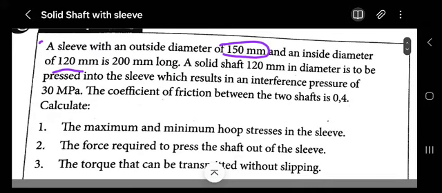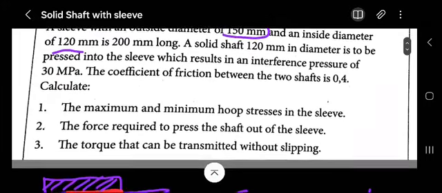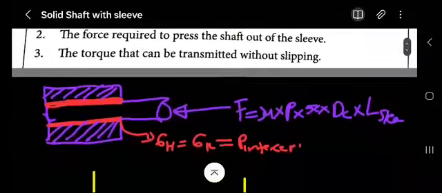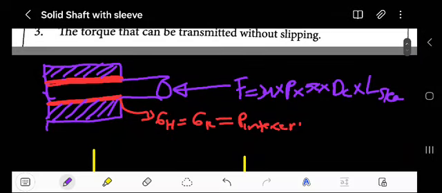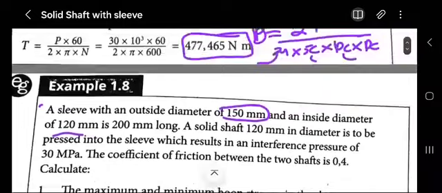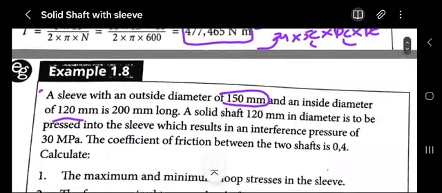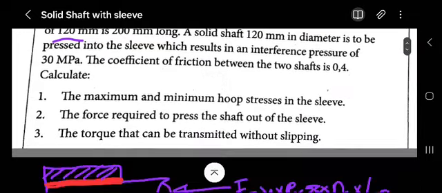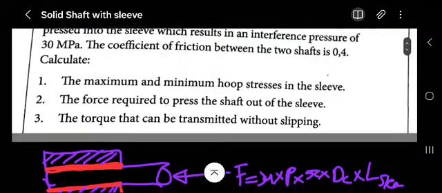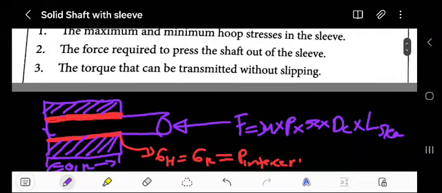The length of the shaft is the same as 0.12. The shaft also has a diameter of 120. The shaft by its own has a diameter of 0.12 meter.